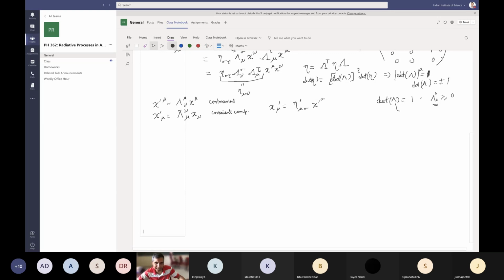I said this eta, the Minkowski matrix, is always the same in whatever frame you take. So this is this, and x nu equals eta nu tau x tau.